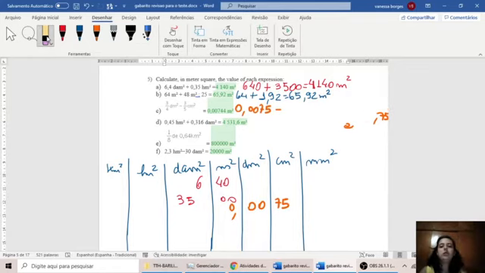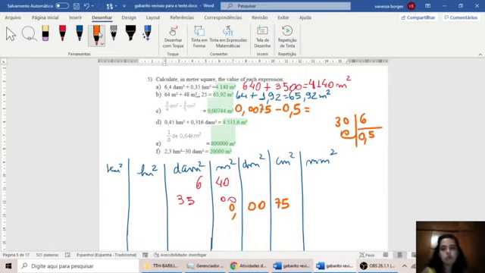Let's do here this division to see how much this is. So 3 divided by 5 is not possible. 30 divided by 6 is 5, it leaves nothing. So 0.0075 minus 0.5.